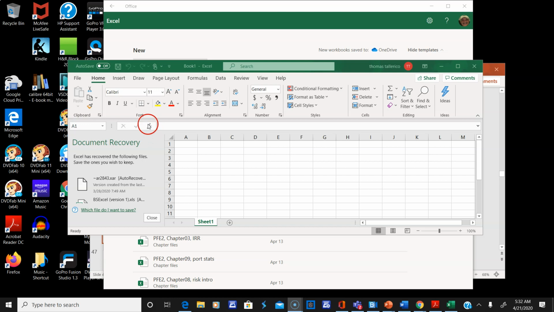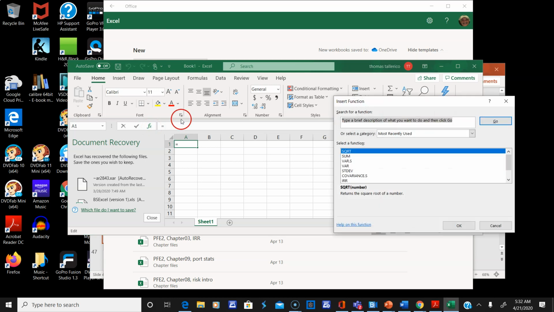See right here? There's built-in finance functions. If you click on that, you can see a pop-up box comes up. And if I type IRR, because I know it is, and I say go, you can see IRR pops up here. And you see what it says, returns the internal rate of return for a series of cash flows, okay?